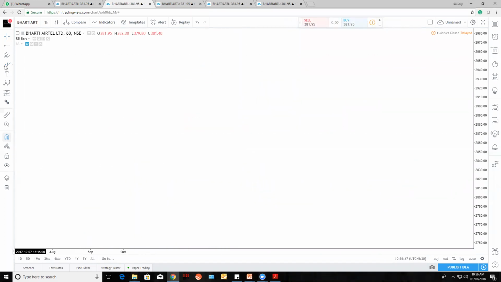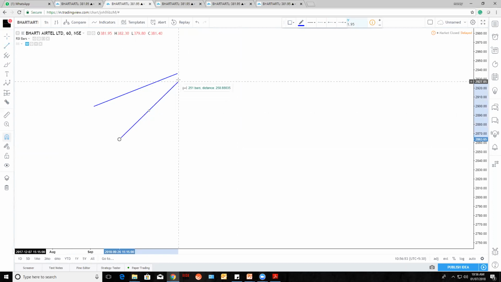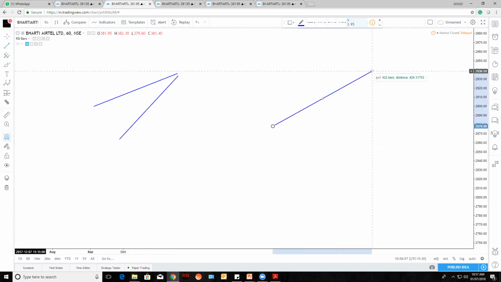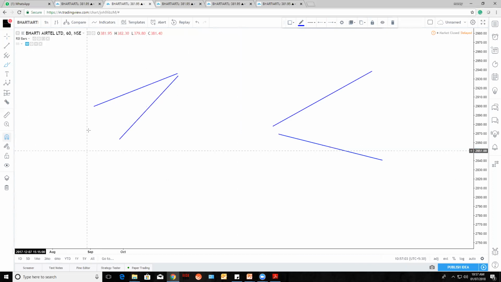Yesterday we learned about the diagonals, right? Let me tell you. So let's say this is our one diagonal. This is our second diagonal.